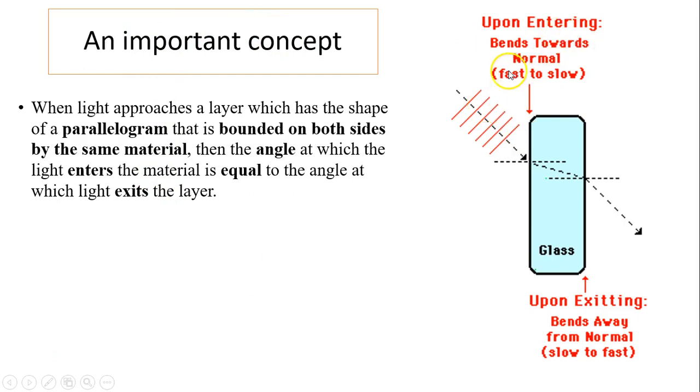So upon entering, the light bends toward normal, because it goes from less dense to denser; coming out, it bends away from normal, but these two angles are always the same. So when the light approaches a layer which has the shape of a parallelogram that is bounded on both sides by the same material, then the angle at which the light enters the material is equal to the angle at which light exits the layer.